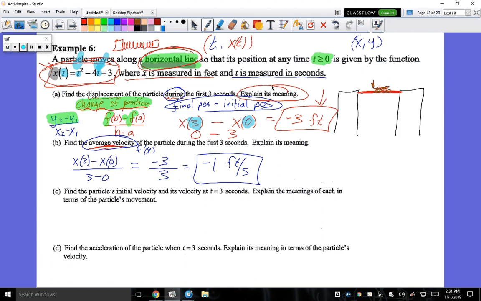There's 3 ways that you can interpret this. If you're talking about this squirrel that I was telling you was on this AP exam, it moved back, or it moved to the left 3 feet. Another way that you could see that, negative 3, is it could be backwards.